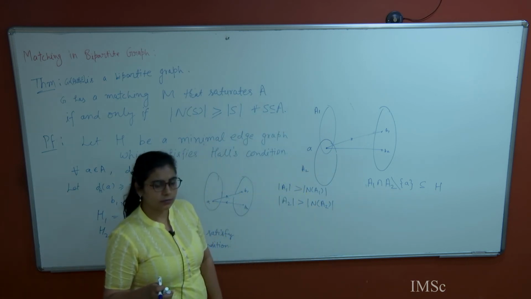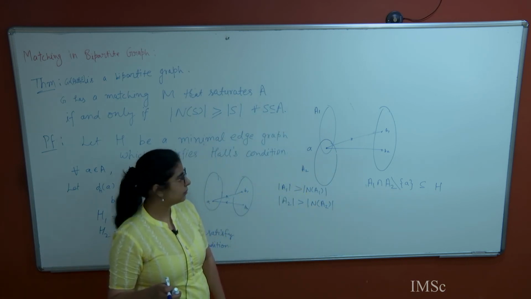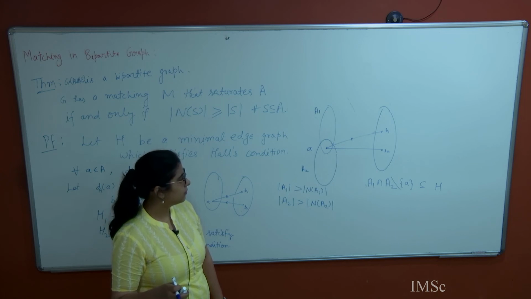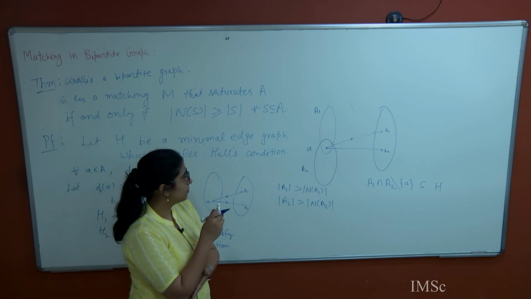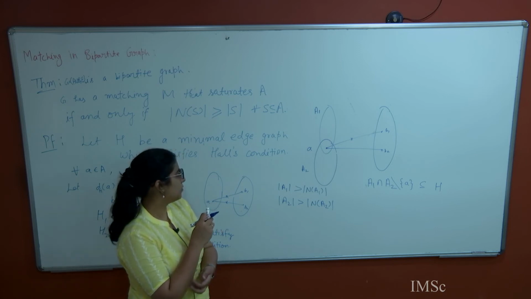So, what if A1 intersection A2 is just A?